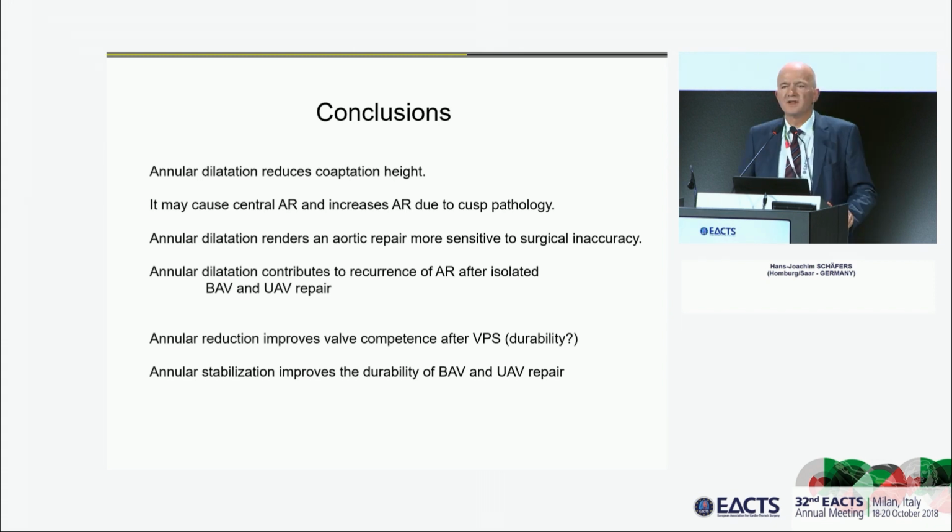We have not yet seen a positive effect on durability in valve-preserving surgery, but stabilization definitely improves the durability in bicuspid and unicuspid repair, and tricuspid we're still analyzing, and we will have to see the effect. Thank you for your attention.